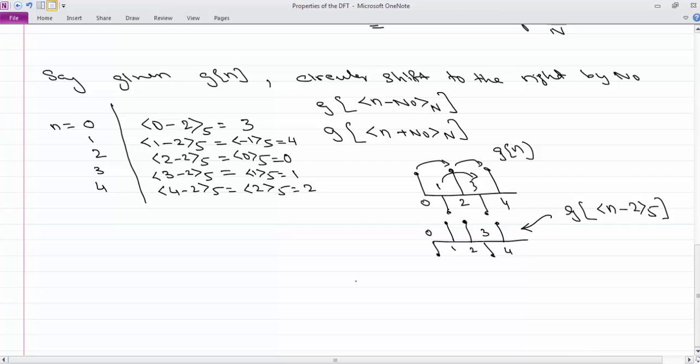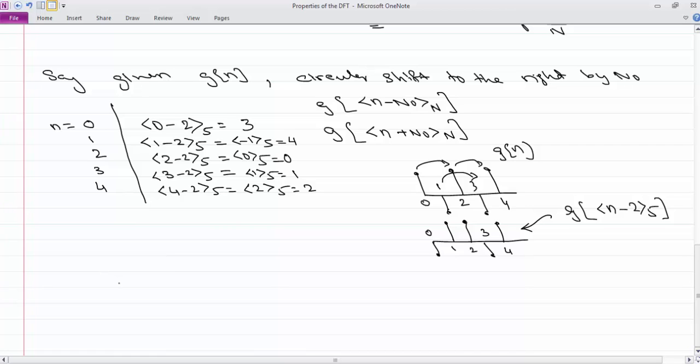So once we understand the concept of circular shift, we have a formula similar to what we did in the DTFT, which is that in the DTFT, a linear shift in time means a phase shift in frequency.